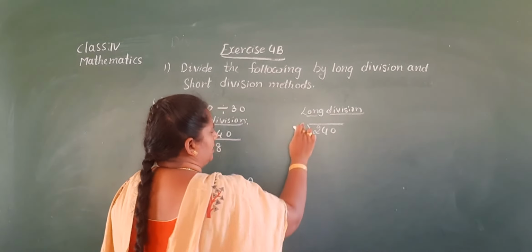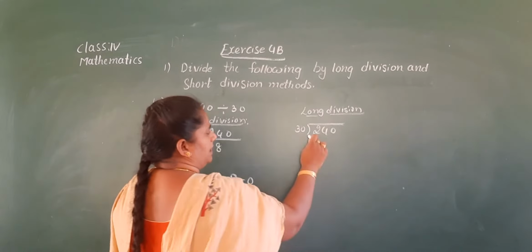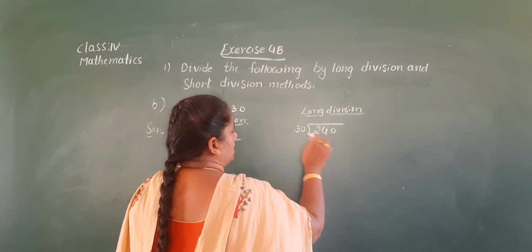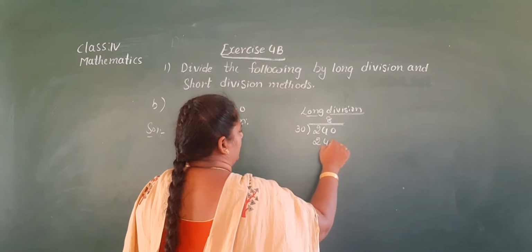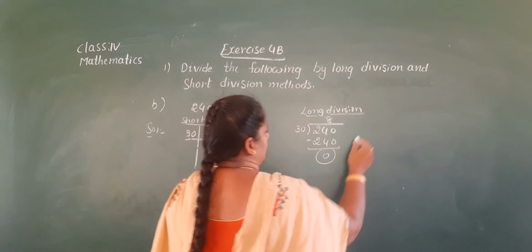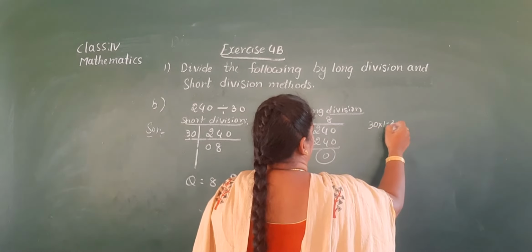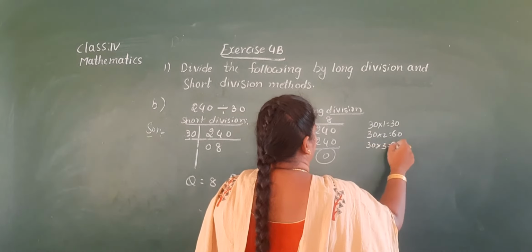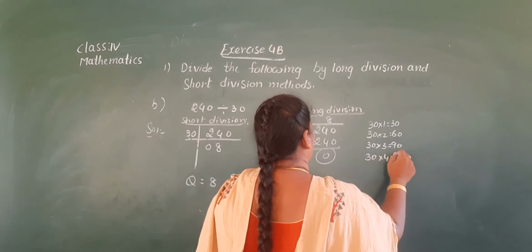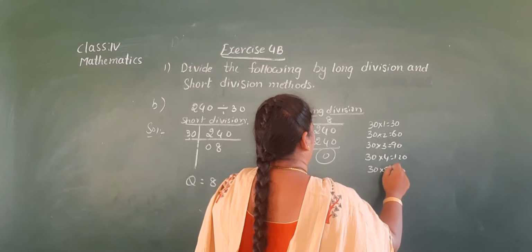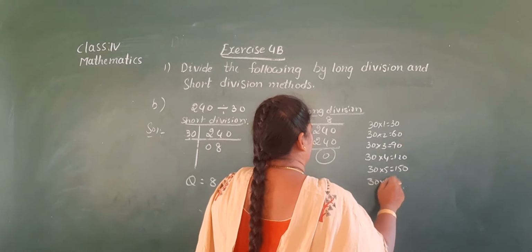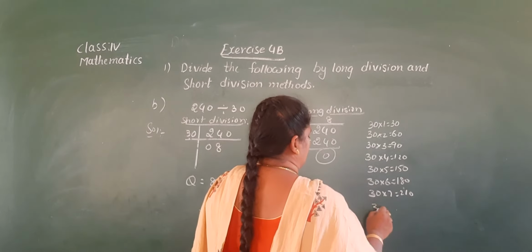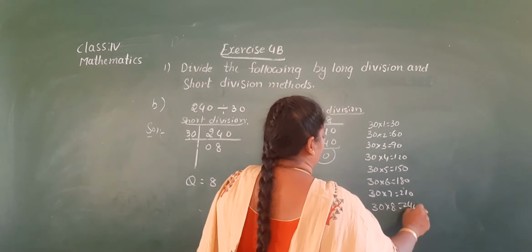So here see, ma, the divisor has 2 digits. But here 240, 24. 24 is less than 30. So you take 3 digits. So 30 into 8 is 240 directly. See table. 30 ones are 30, 30 twos are 60, 30 threes are 90, 30 fours are 120, 30 fives are 150, 30 sixes are 180, 30 sevens are 210, 30 eights are 240.